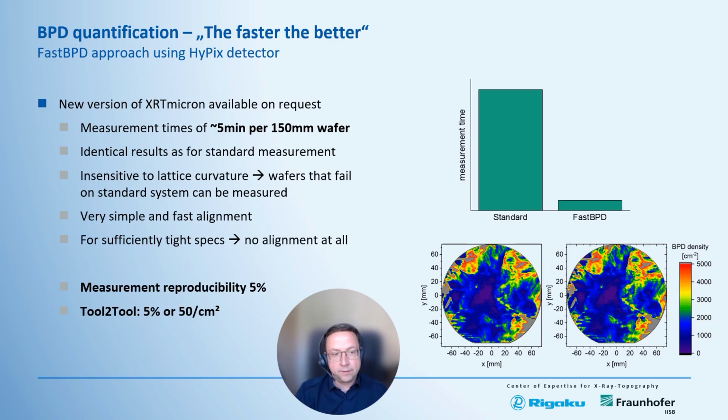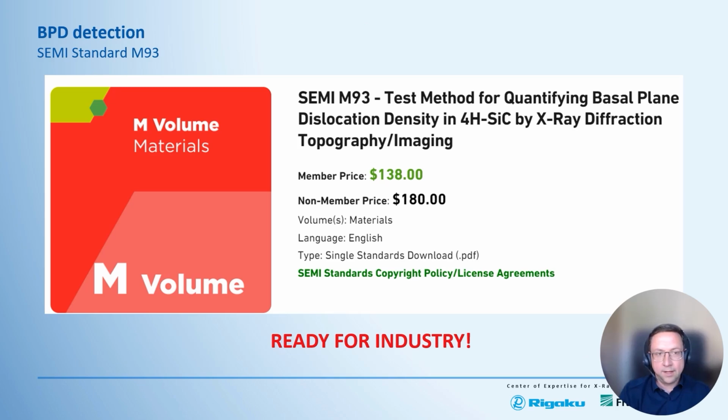What we have obtained so far is a measurement reproducibility of about 5% and a tool-to-tool reproducibility of about 5%, or 450 basal planes per square centimeter. Again, this approach is filed into a SEMI standard, M93, for the test and quantification of basal plane dislocations with X-ray topography, and is already ready for industry.